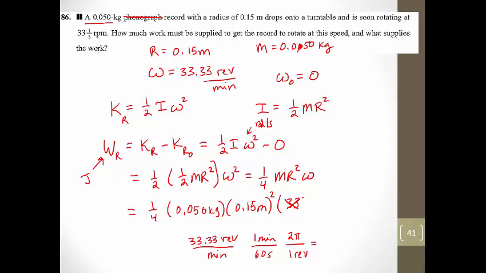So I have 33 1/3 times 2 times pi, divided by 60. And that gives me 3.49 radians per second.